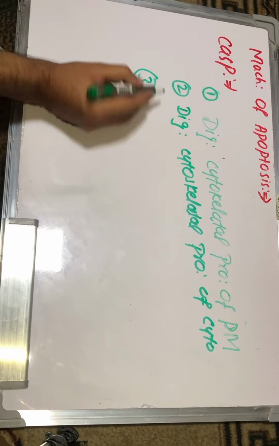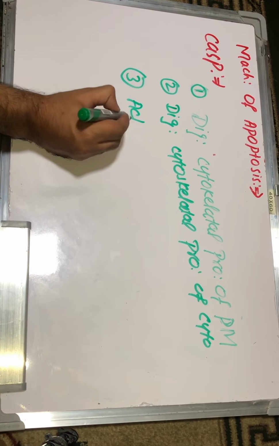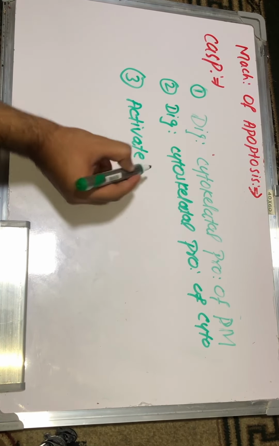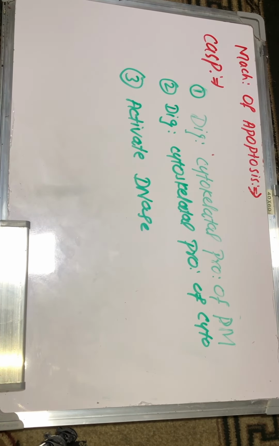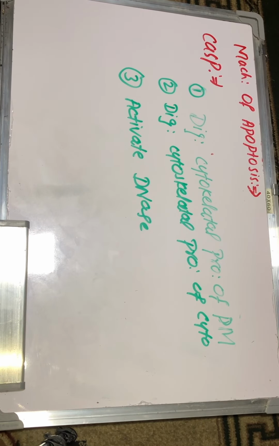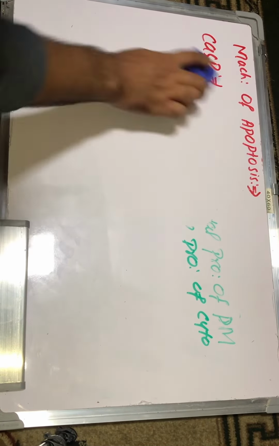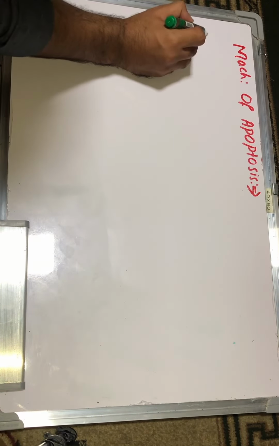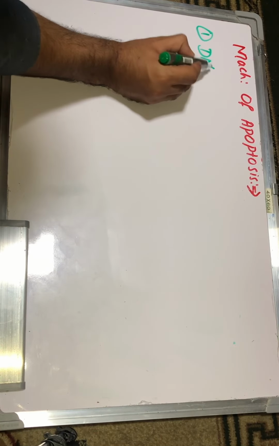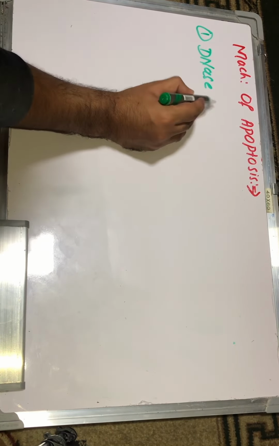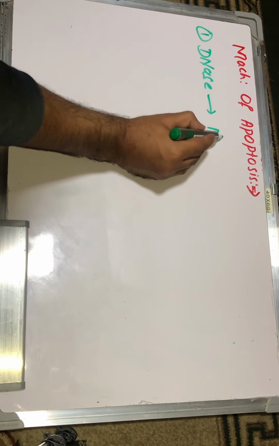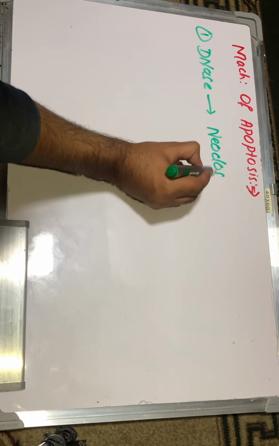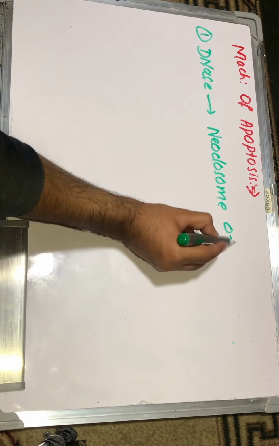Number 3, caspases also activate DNase enzyme, and DNase enzyme damages the DNA and helps in the breakdown of DNA. Remember that DNase enzyme breaks down the nucleosome of DNA.